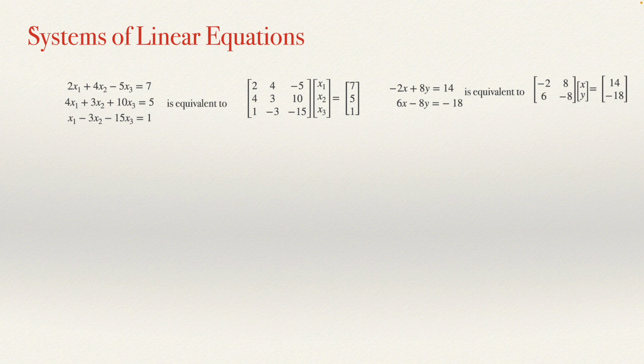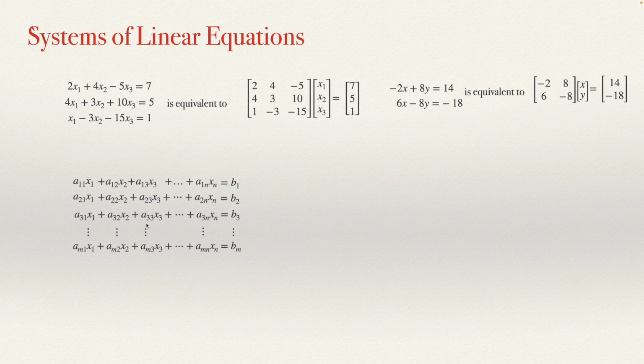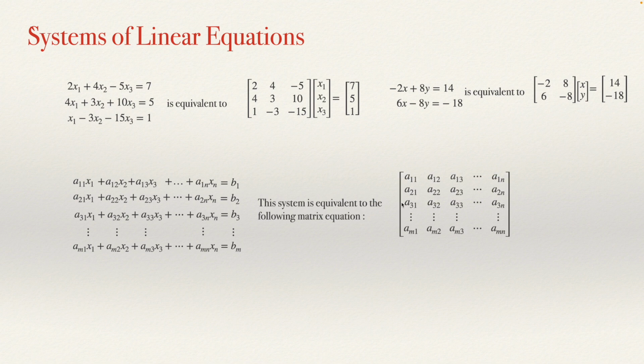The system could be a big system. If we have a system of equations and we verify that the unknowns are in the same order in all of the equations, this system of several linear equations can be considered equivalent to a matrix equation in which we have only one factor, the matrix of the coefficients, multiplying a vector of all the unknowns, and that will be equal to the vector of constants at the other side.